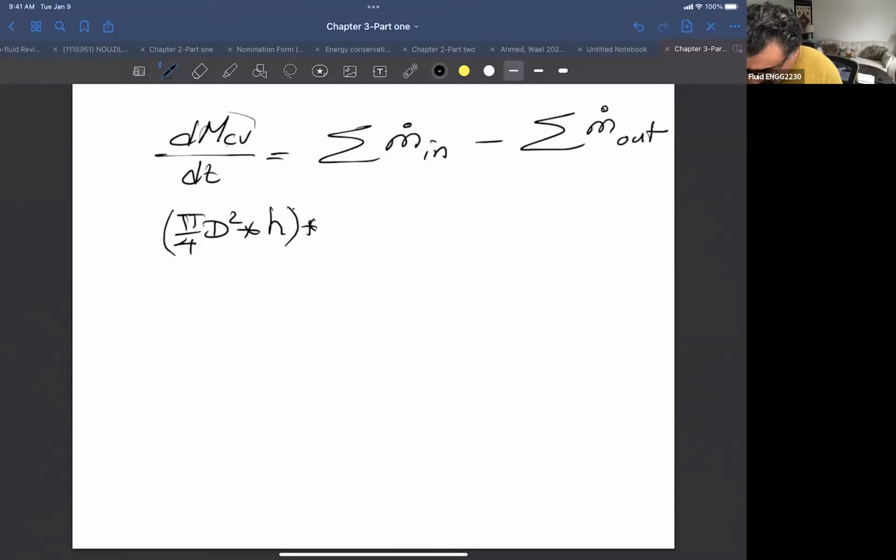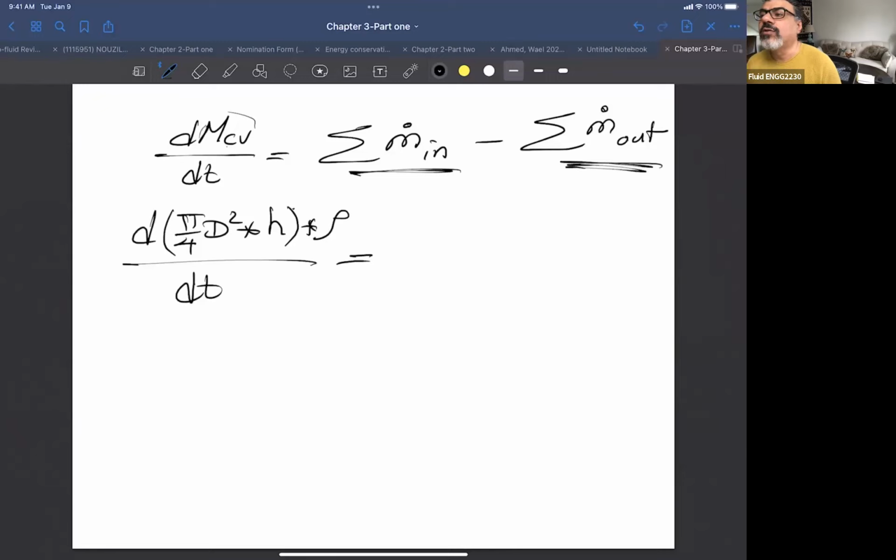The mass of the control volume is the volume times the density. So d/dt of that is equal to mass coming in, mass going out. I know it's going to be like 1250 in 1 second.